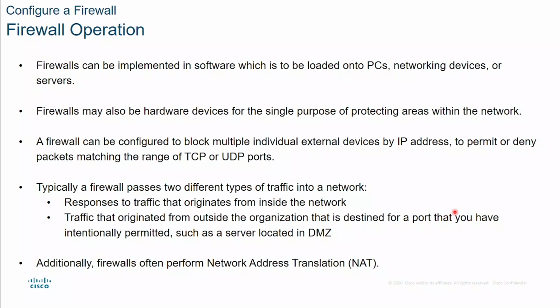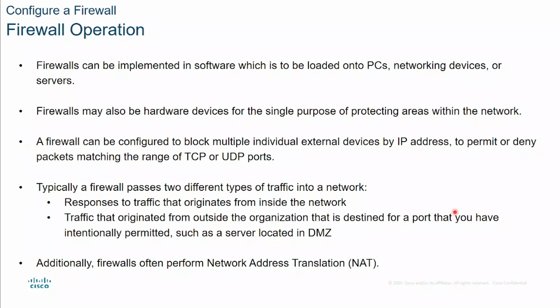Firewalls can be implemented in software, or in network devices or servers. So there are firewall devices. Cisco produces firewall devices, like the way a Cisco router or a Cisco switch looks. There could be a device like that called a firewall. A firewall may be a hardware device.